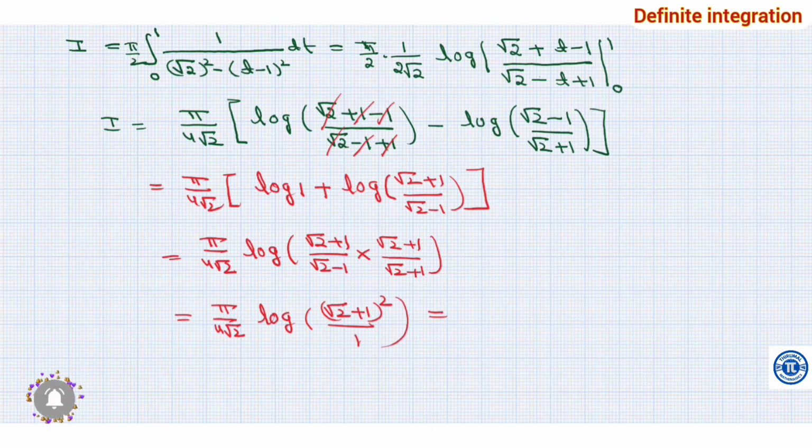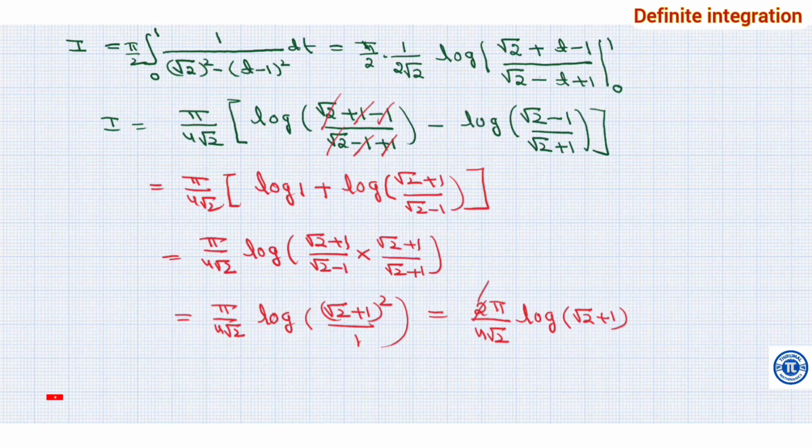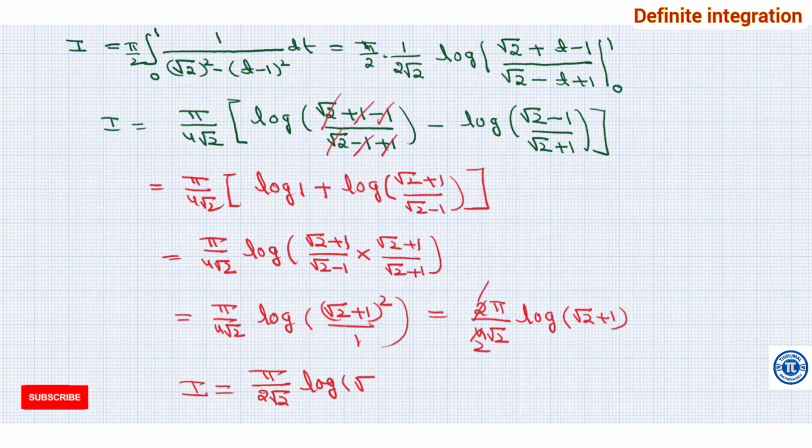Okay, so it is equal to 2 pi by 4 root 2 into log of root 2 plus 1. Here 2 ones are 2, 2 twos are, then we get I equal to pi by 2 root 2 log of root 2 plus 1, is equal to RHS. Okay, so hence proved.